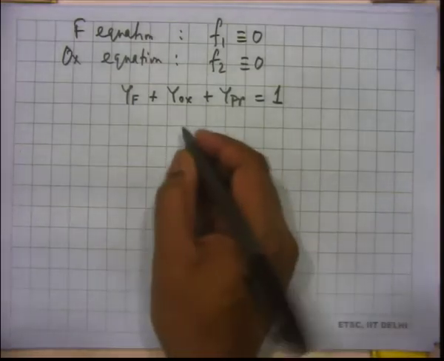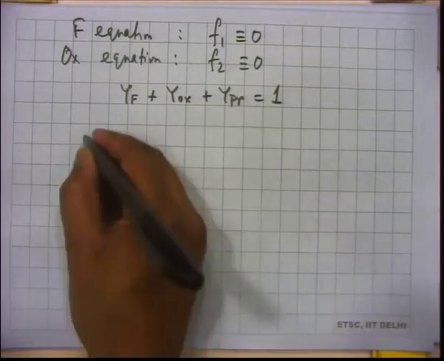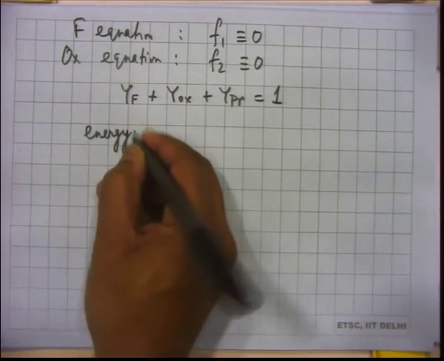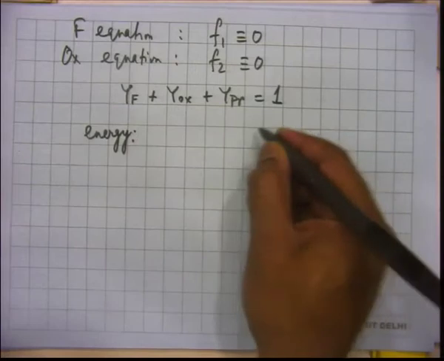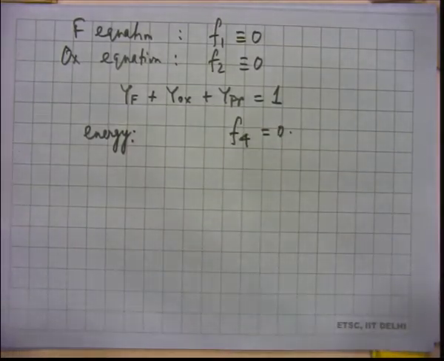So, the fourth equation is in fact the energy equation. So, the energy equation will be F4 equal to 0. How do you write the energy equation? Very simple. You have seen the energy equation before.